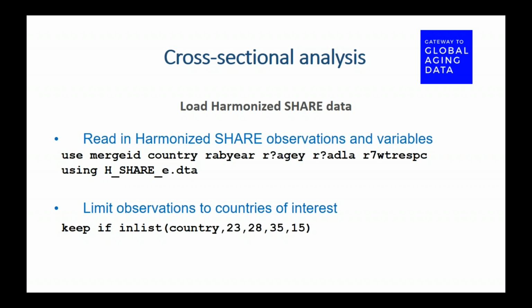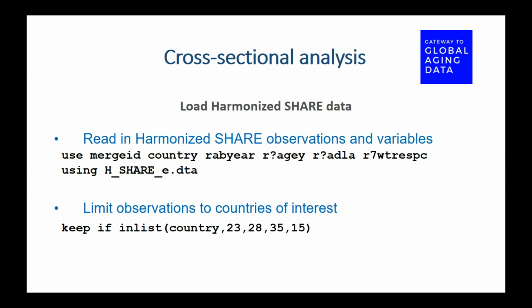There are a lot of variables in the harmonized SHARE data set in particular, because we've got 7 waves of data. As you saw in our codebook, variables are created on so many different topics. So often you don't want to pull in the entire data set. Also, depending on your version of Stata, you might not be able to pull in the entire harmonized SHARE data set at the same time.